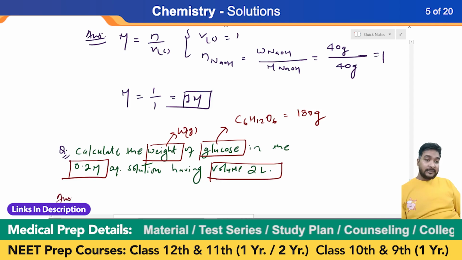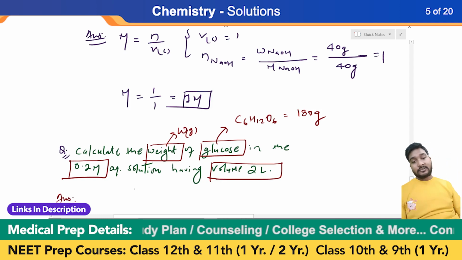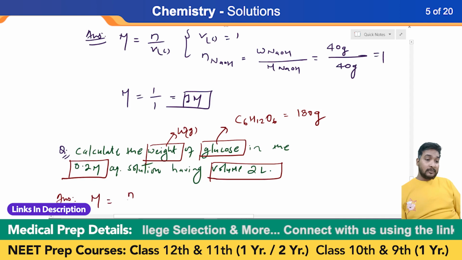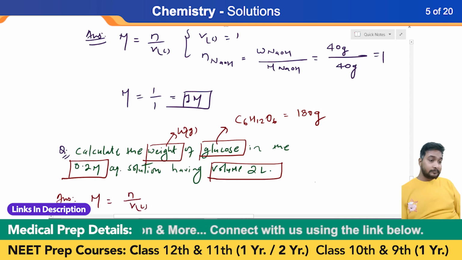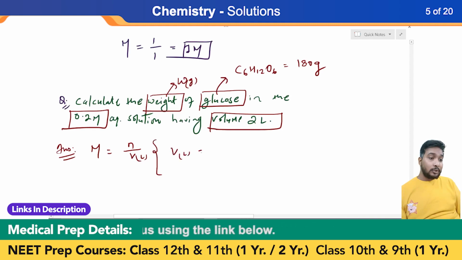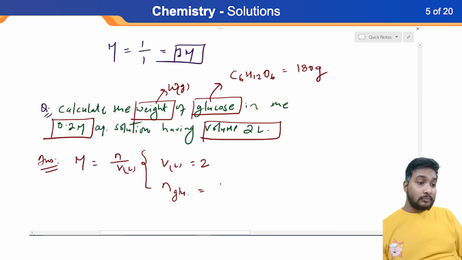So to solve this question, we have to apply the formula of molarity, because we have the concentration in molarity. So capital M is moles upon volume in liters. We have the volume, that is 2. Don't forget it, forget it only for right now. But we don't have the moles for glucose, so moles is W of glucose upon molecular weight of glucose.